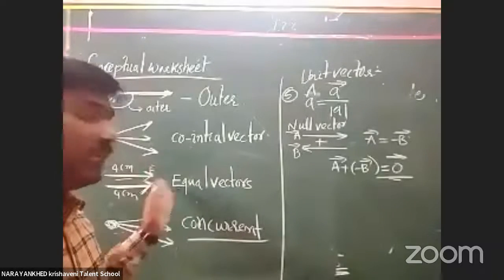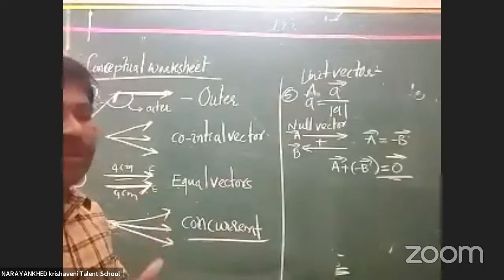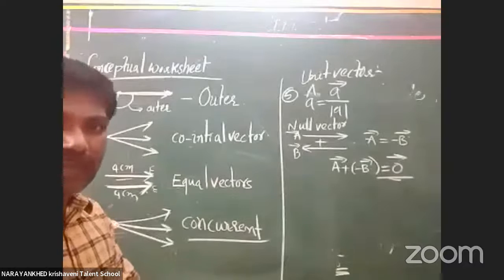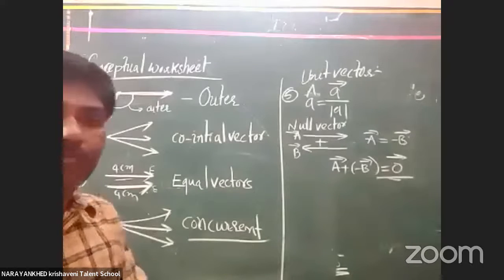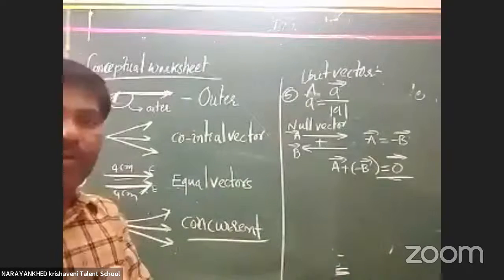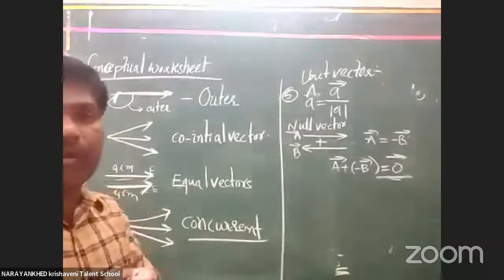Of the 19 components, especially the first 17 will be very, very important. The types of vectors are very important for solving the problems of vector analysis. Especially concentrate on the unit vector, finding the unit vector, and the Cartesian coordinates.